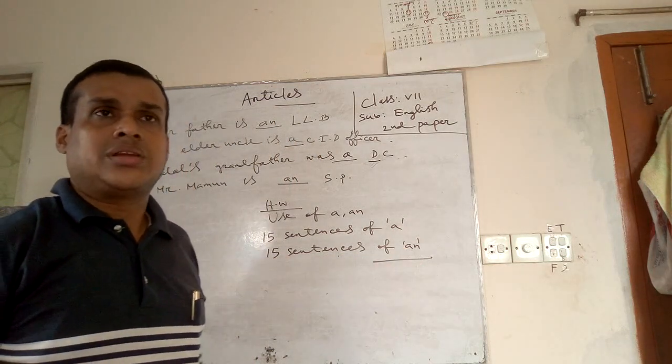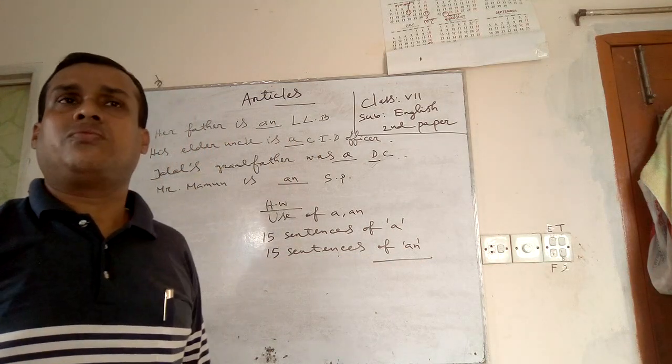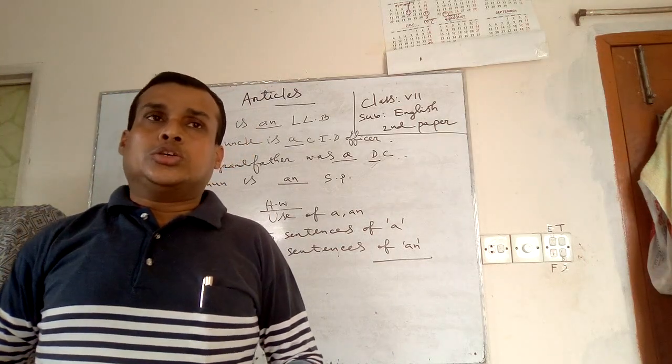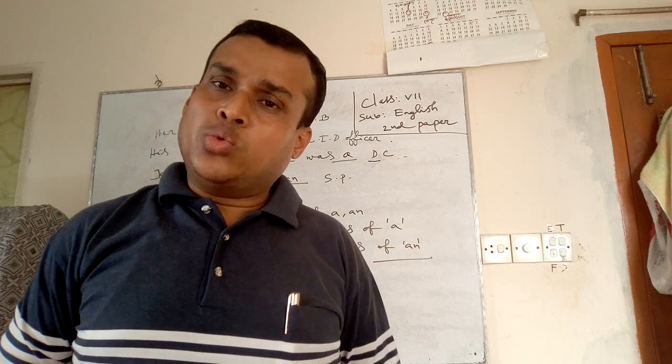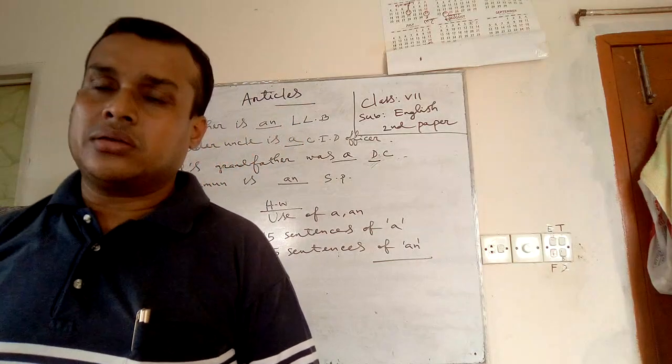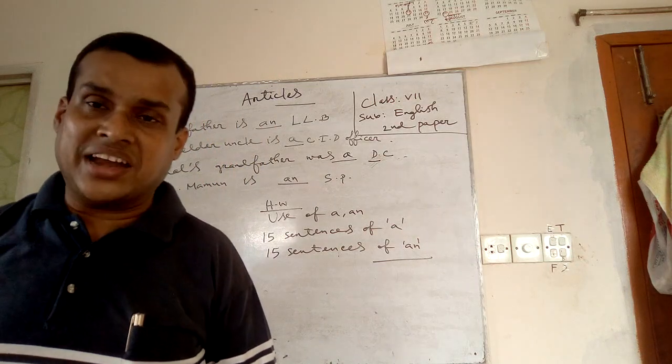You will write 30 sentences. You write 30 examples of using a and an. In the next class we shall discuss the use of the, that means the definite article.